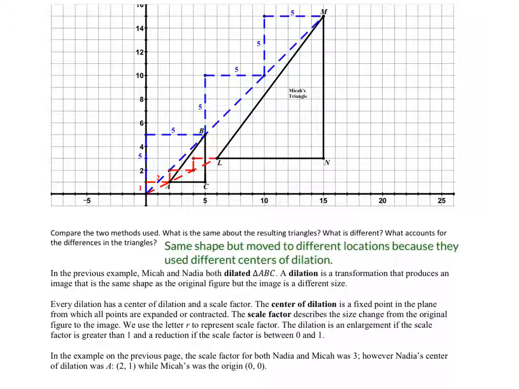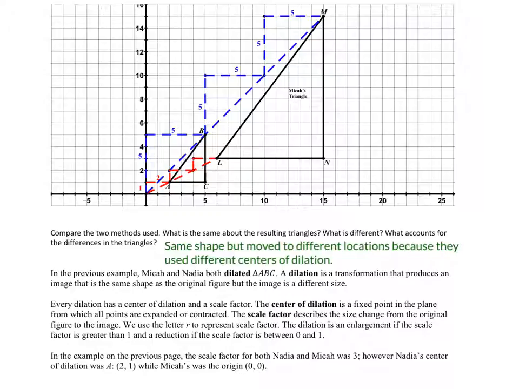We use the letter R to represent scale factor. The dilation is an enlargement if the scale factor is greater than 1, and a reduction if the scale factor is between 0 and 1. What scale factor do we use to make it the same size? 1. If you multiply something by 1, you get the same thing back.